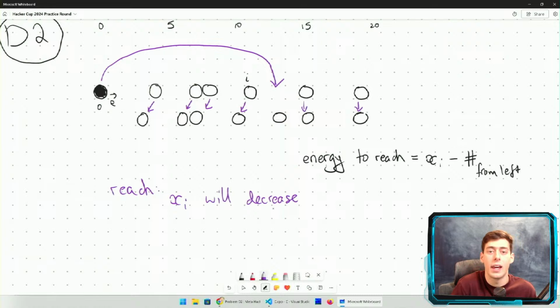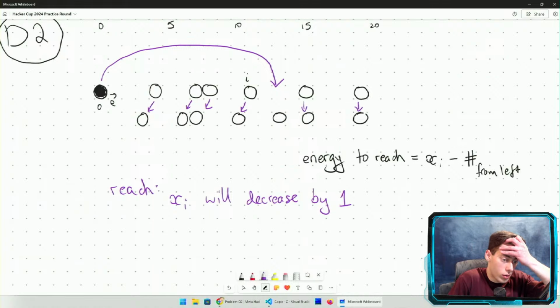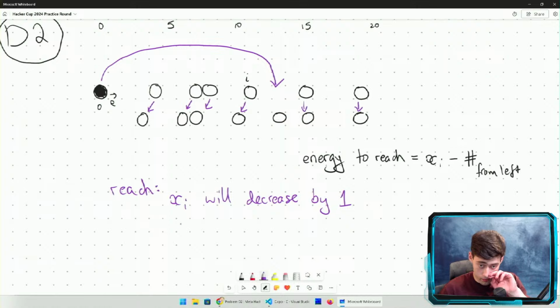This is just me writing down how the board will change after a stone is thrown, right? That's what happens. And then we add a new stone at some position. Yeah, that's how the board will change.